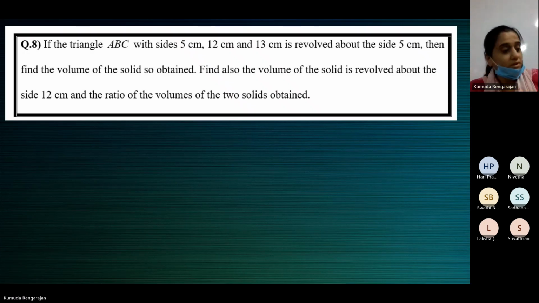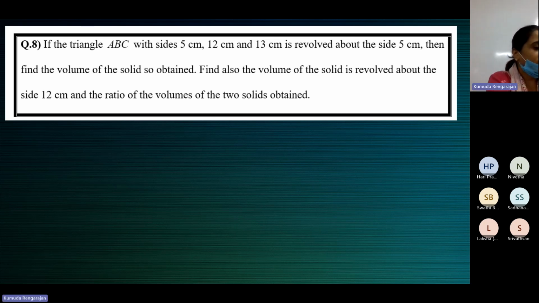When a right triangle is rotated about one of its legs, what is the solid generated? A right circular cone.